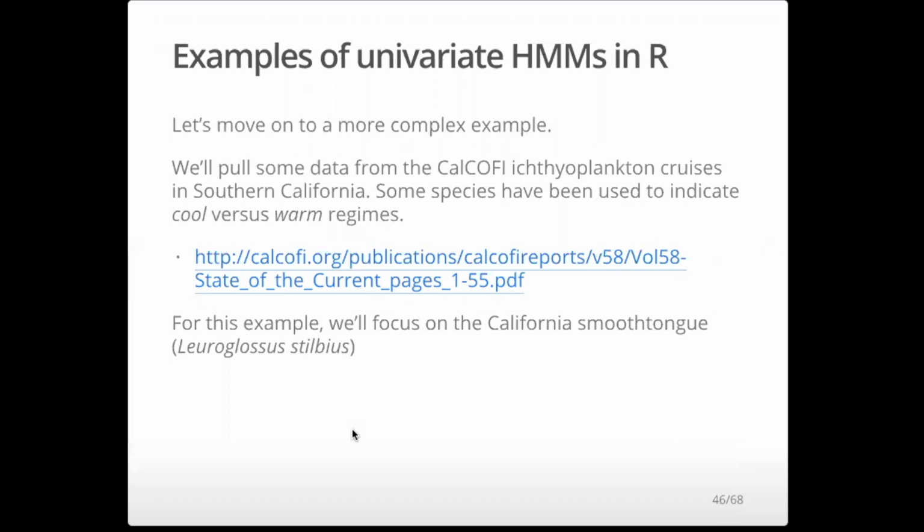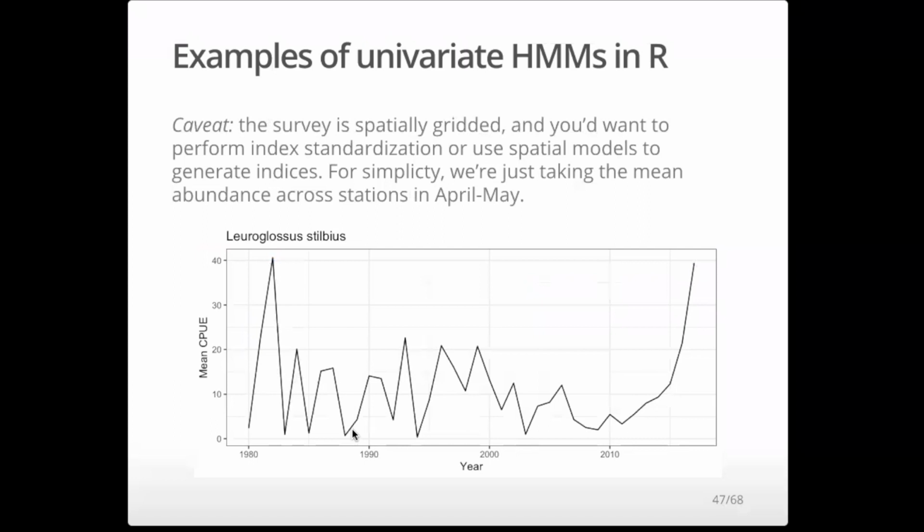Okay, moving on to a slightly more complex example. I pulled some data together from some of the CalCOFI cruises in Southern California, and specifically I pulled some species that have been used to indicate cool versus warm ocean regimes. There's a species, California smoothtongue, that is going to be used here. This is a really complicated survey. It's spatially gridded.